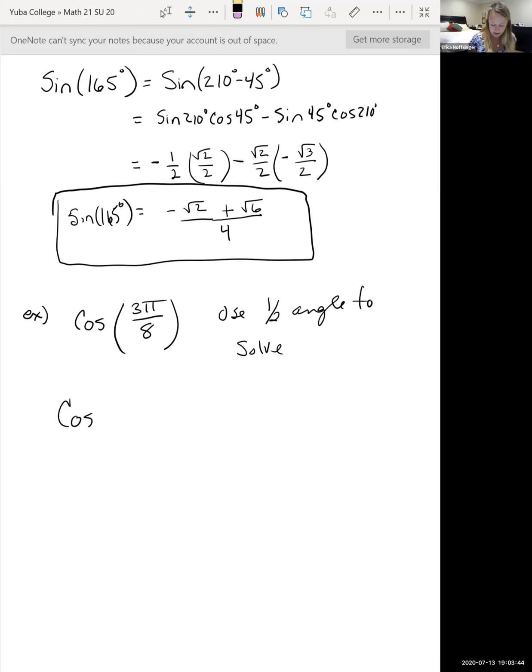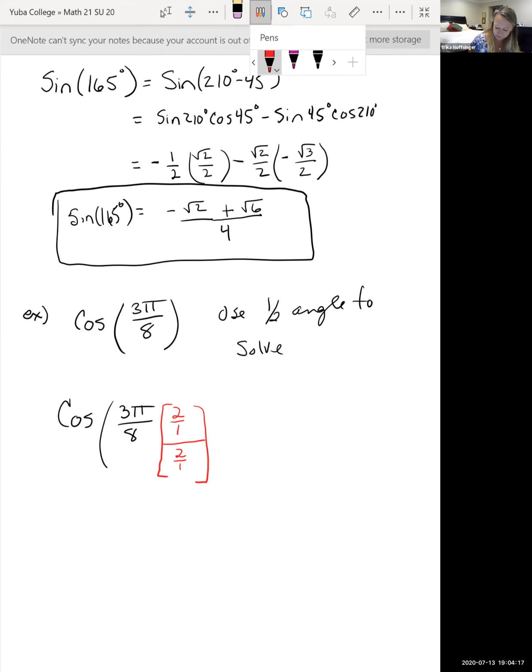So to me, that would tell me, okay, I need to manipulate this, and it's ugly because this is a fraction, but I need to manipulate this to be a half angle. And so again, I'm going to multiply by the fancy 1. This time when I multiply by that fancy 1, think of it as a fraction over fraction. We can write that fancy 1 like that. I'm really just doing that more for my numerator piece and not my denominator. So we're just going to manipulate it to look like what we need it to look like so we can use it.